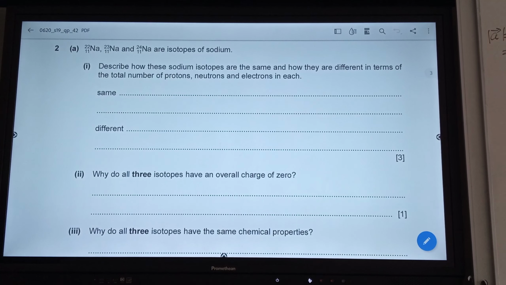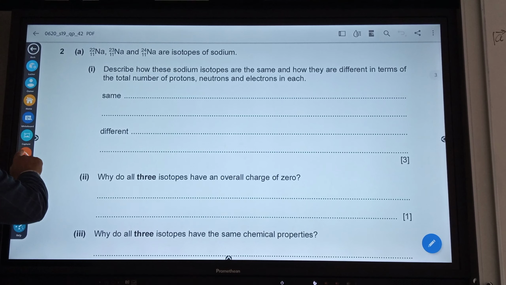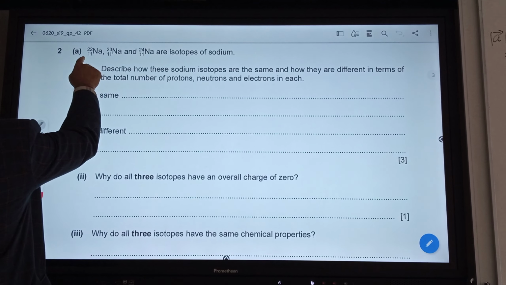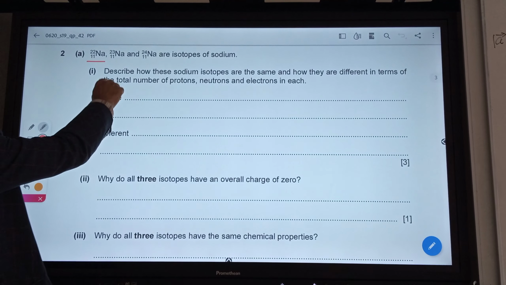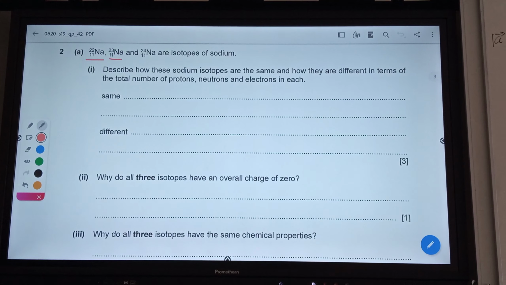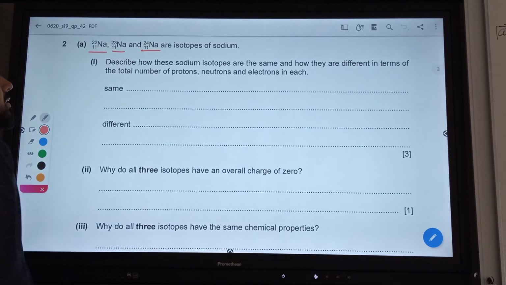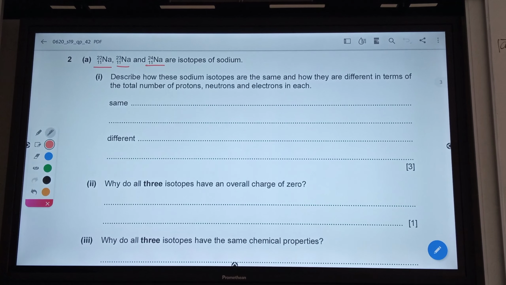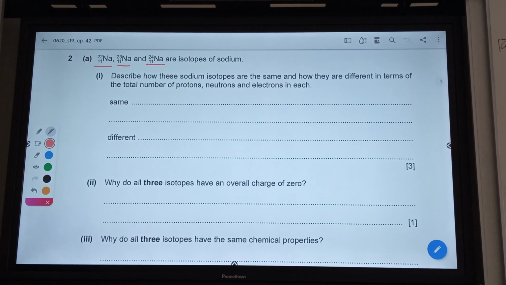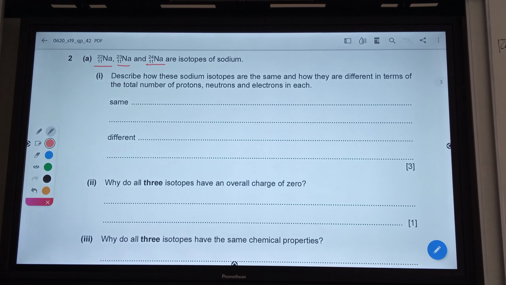This question is related to isotopes, and the examiner mentioned sodium with atomic number 11 and atomic mass 22. Again, sodium, proton number 11, atomic mass 23. And in the next one, again the protons are the same, but the atomic mass is different. Then he asked to describe how these sodium isotopes are the same and how they are different in terms of the total number of protons, neutrons, and electrons in each.